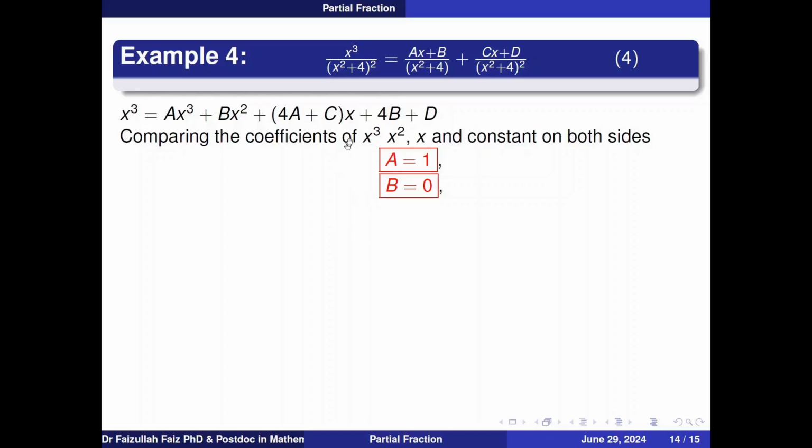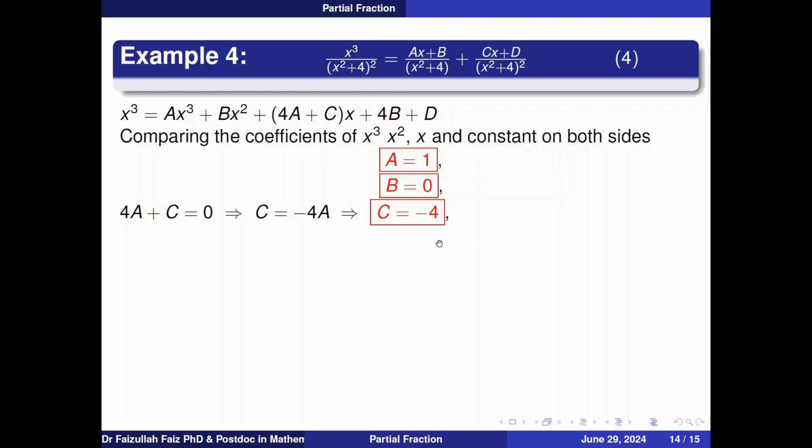The coefficient of x is 4a plus c on the right hand side and on the left hand side it is 0. Here we can see that we already have the value of a, so we write it as c is equal to minus 4a. Now substitute the value of a, which is 1. 4 into 1 is 4, so we get the value of c, which is minus 4.